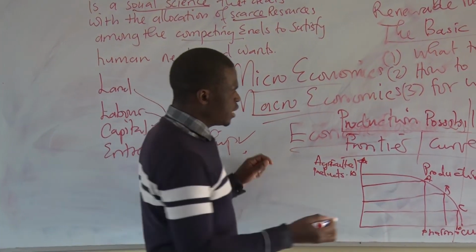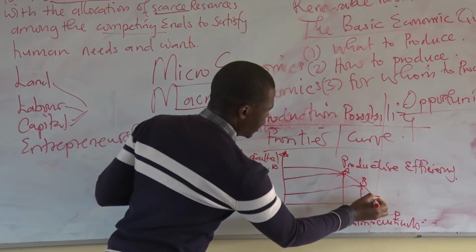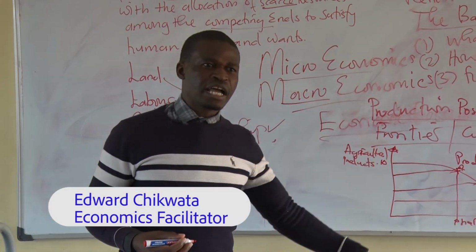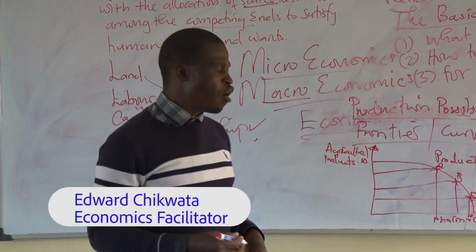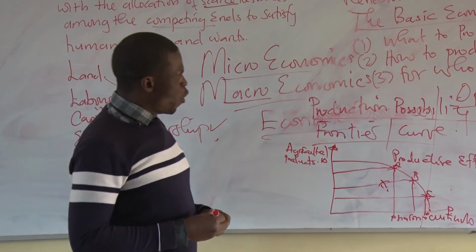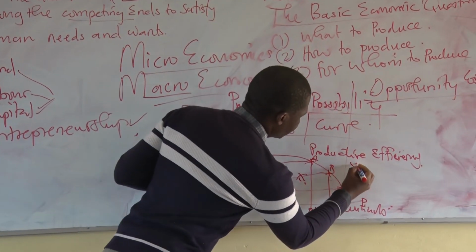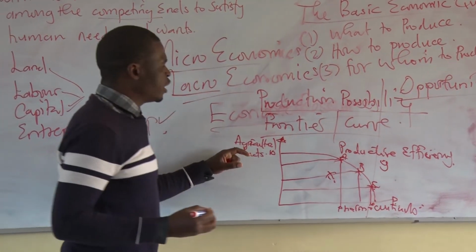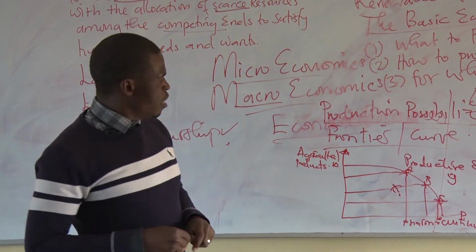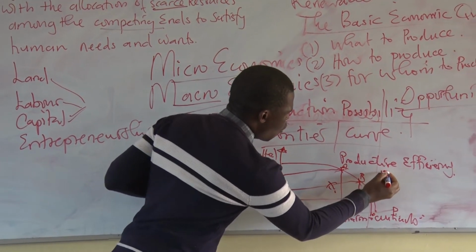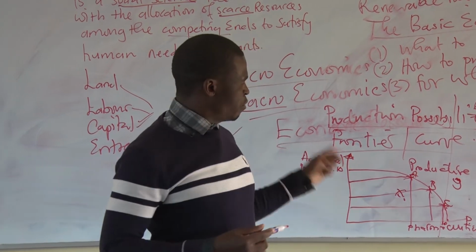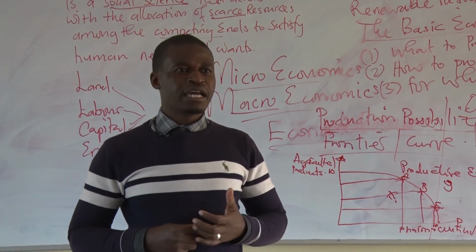That is along points A, B, and C. Any point inside the production possibility frontier shows that we are not fully utilizing our resources. For example, point X. And any point outside the production possibility frontier shows that we cannot reach this point with the available resources. For example, point Y. So our learners, we can take a break. This is the production possibility frontier.